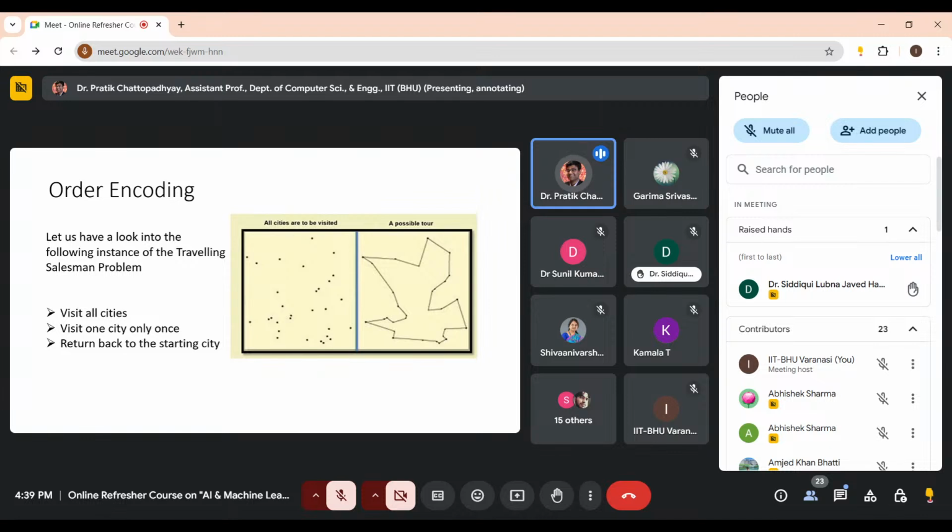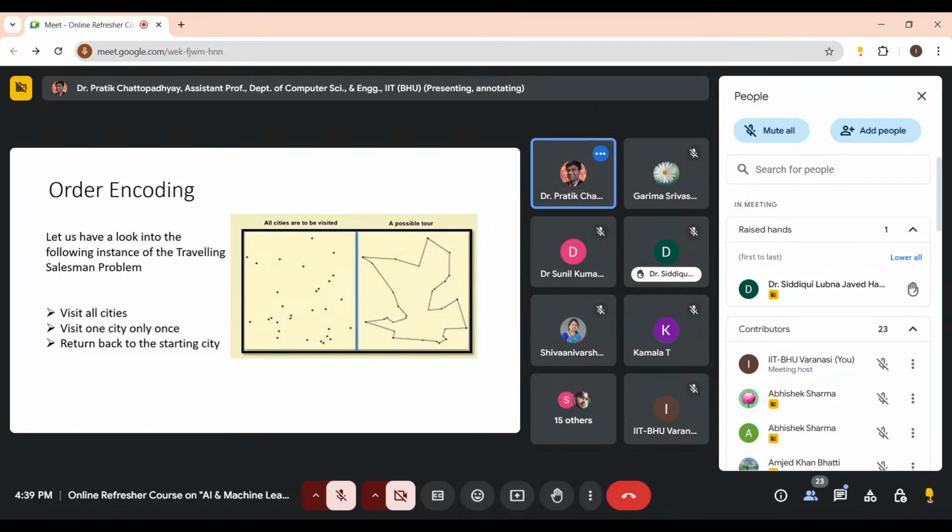If we think of a different type of problem, whatever we discussed is binary encoding. Say for a problem where we need to arrange some things. I think all of you know about the traveling salesman problem. I have it in my slide later. So the problem is we have a set of cities as given in the diagram. All the dots represent the cities.